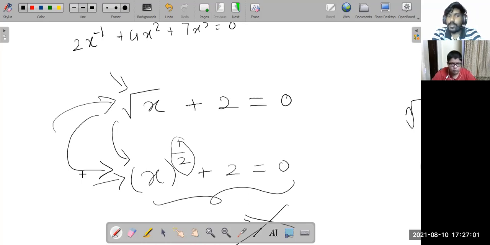And after that example, write: this is not a polynomial because the power is a fraction. Done, sir.